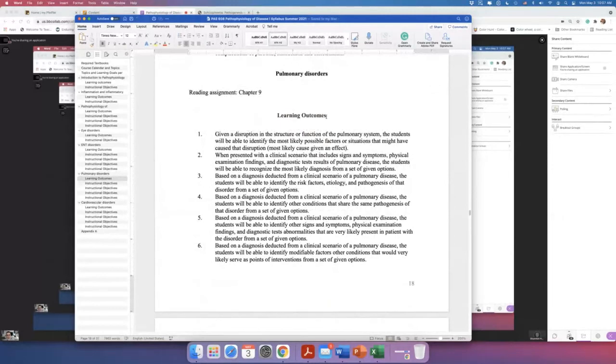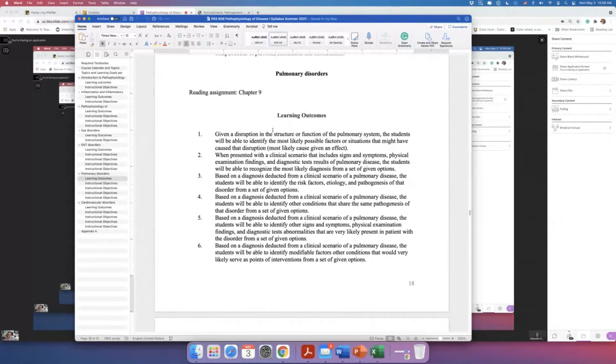These learning outcomes are what you are supposed to achieve after you finish the course. For example, we can create a question that gives you a clinical vignette that has any disruption, any problem in the lungs or the respiratory system in general, and the student has to identify the cause of that disruption.